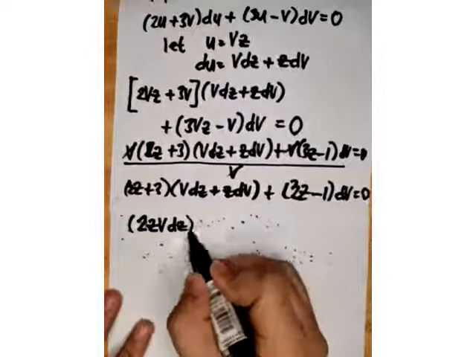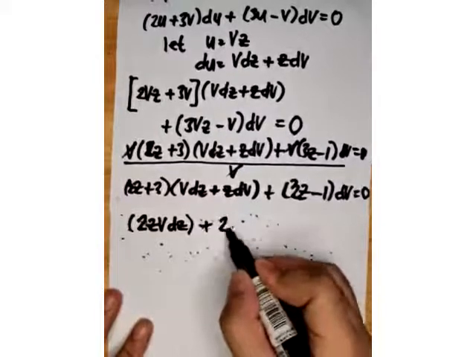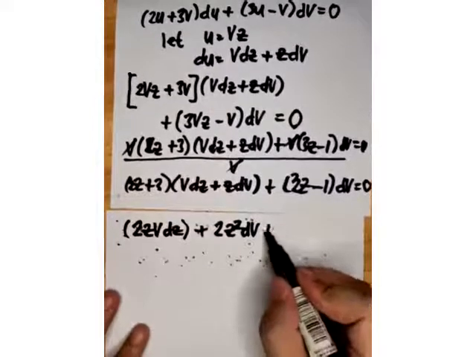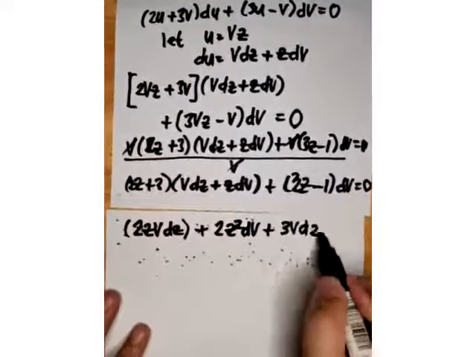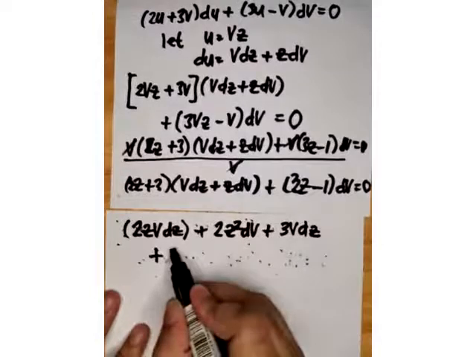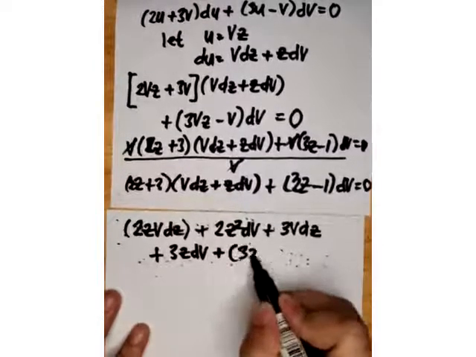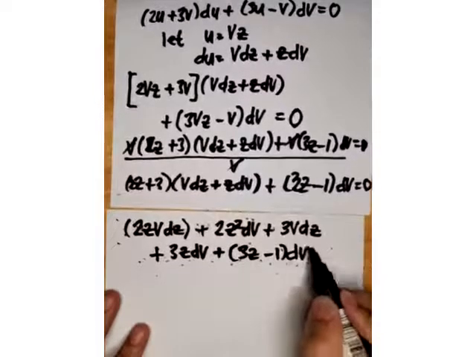Ayan. Plus 2z squared dv plus 3v dz plus 3z dv plus 3z minus 1 dv is equal to 0.